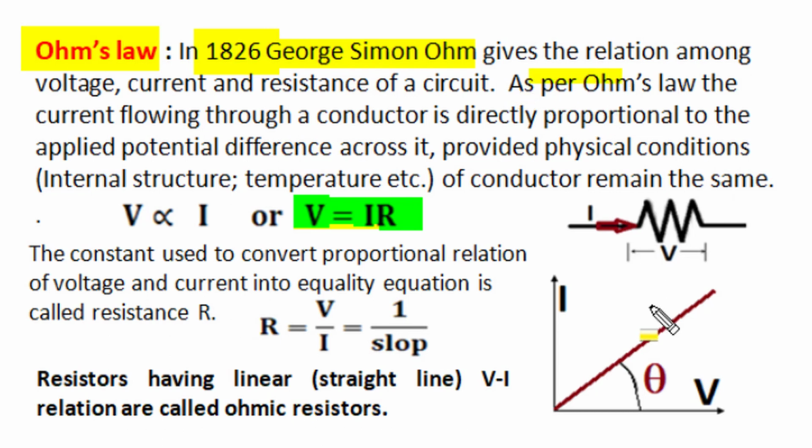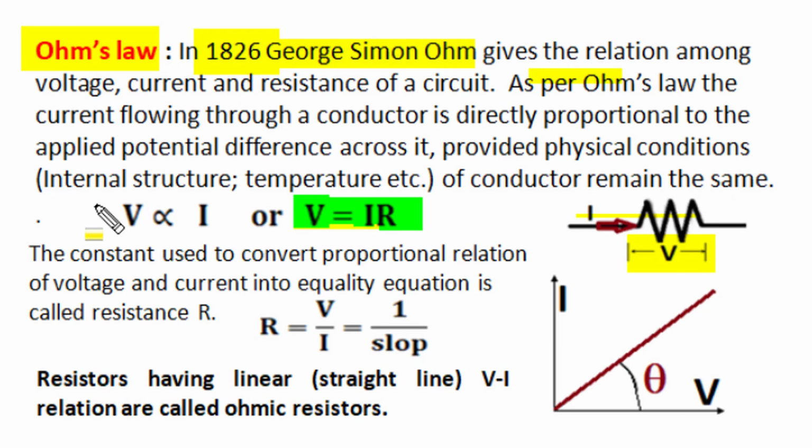As per Ohm's law, the current flowing through any resistance or conductor is directly proportional to the voltage which is applied across this conductor, provided the physical condition of conduction such as internal structure of conductor or temperature, humidity of conductor remains the same.